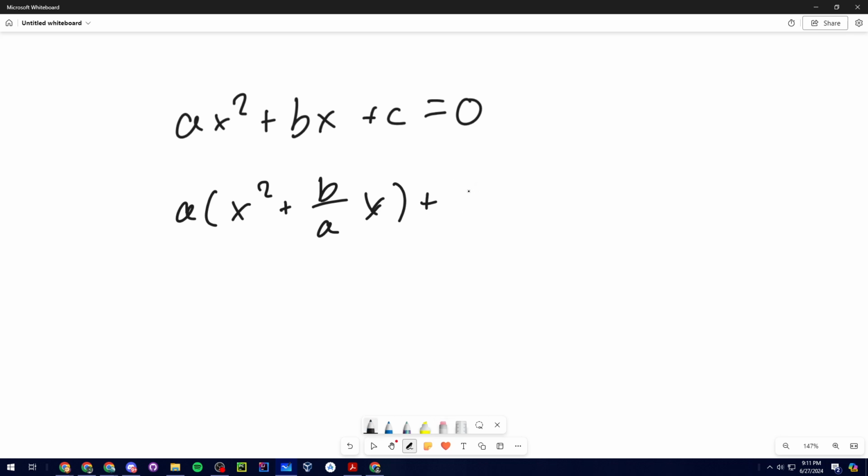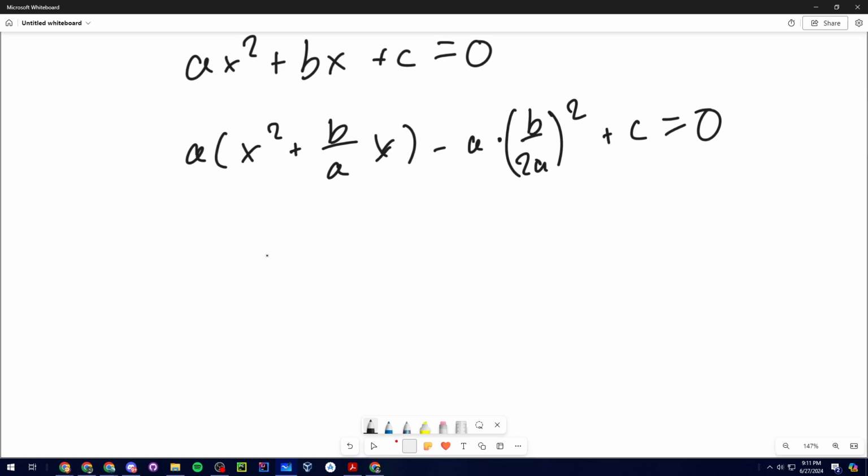So it would be a times b over 2a squared. And that's plus c. Or actually, no, I would do minus a times that, because we're adding on both sides and we want this to still equal 0. And then I'm also adding this here.